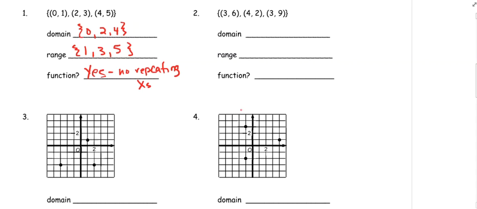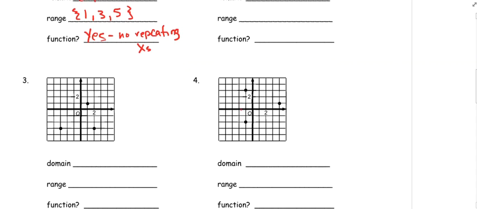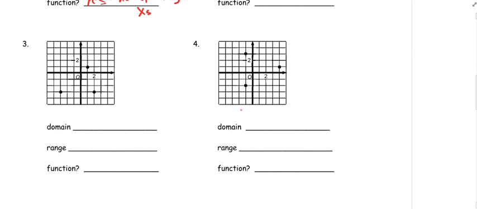I'm going to go down to number 3 here, and then I'm going to pause and let you do 2 and 4, all right? So for 3 here, the domain, the x values, are -1, -2, -3, 1, and 2. And the y values are -1, -2, -3, and 1. You don't need to write the -3 twice.